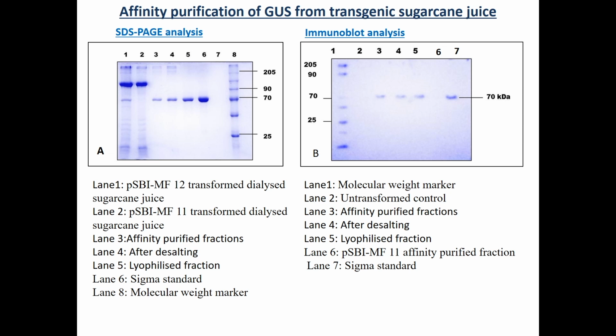Also, after transformation, we extracted the juice and performed SDS-PAGE analysis to verify and quantify that the protein expressed in the sugarcane juice is of a size equal to the commercially available one. That way we confirmed our gene of interest expresses a 70 kDa protein, which was confirmed through SDS-PAGE analysis.